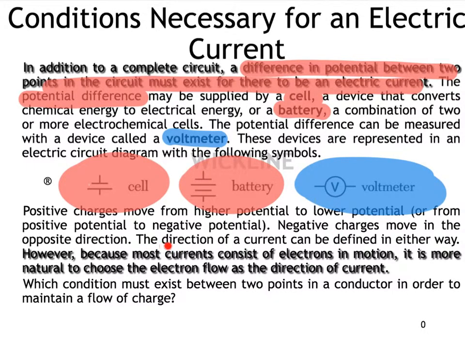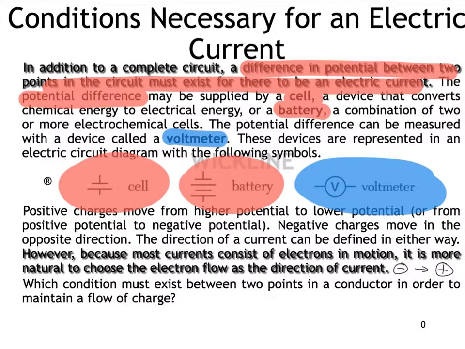So when we describe the direction of a current, it could be defined literally in either way, but most currents consist of electrons in motion, not protons. So since most currents consist of electrons, we naturally choose the electron flow as the direction of current, which means negative to positive.